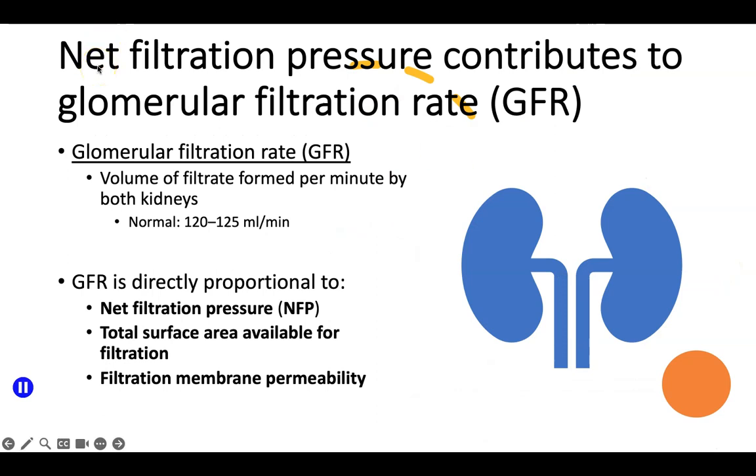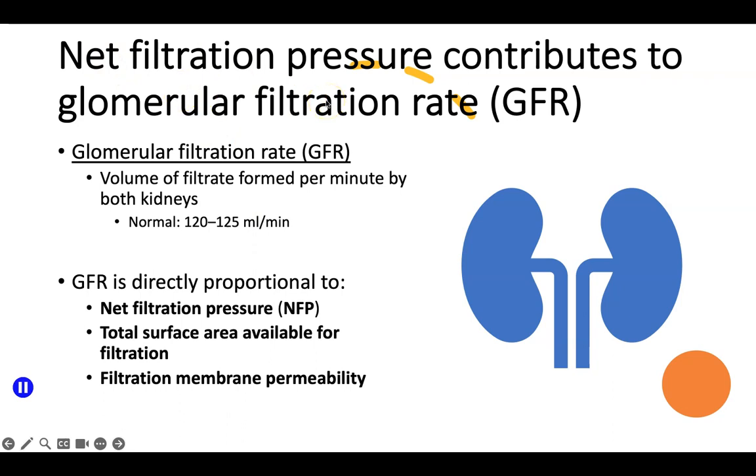The speed at which that happens is called the glomerular filtration rate. This is the volume of filtrate formed per minute by the kidneys. Typically this is about 120 milliliters per minute. Net filtration pressure is what contributes to that.